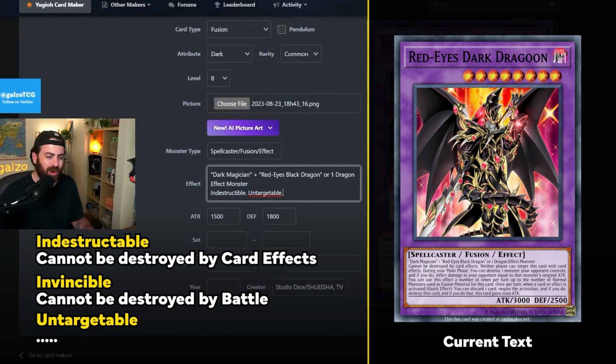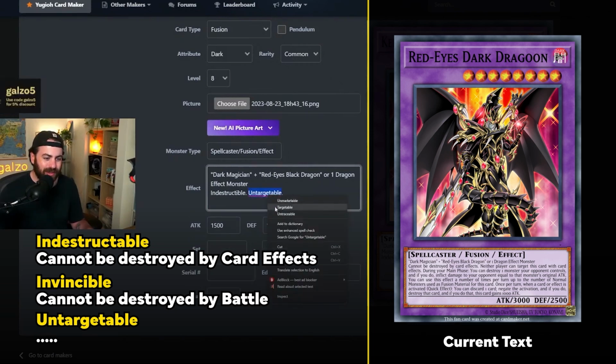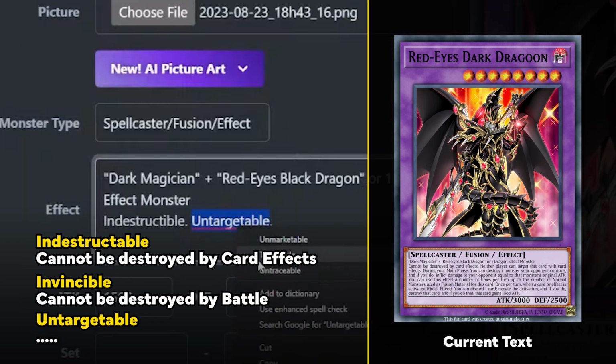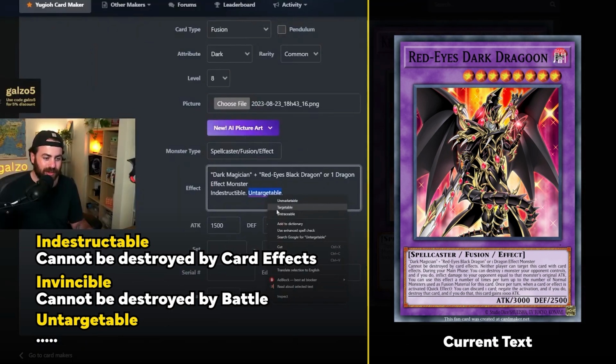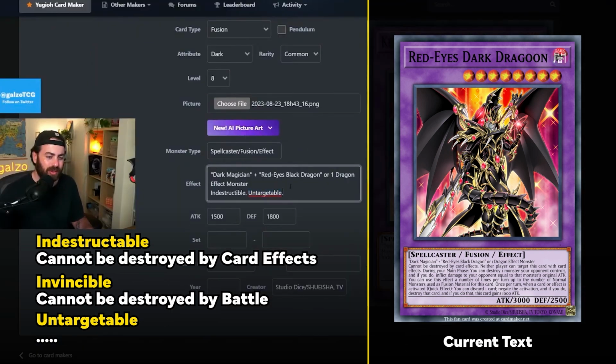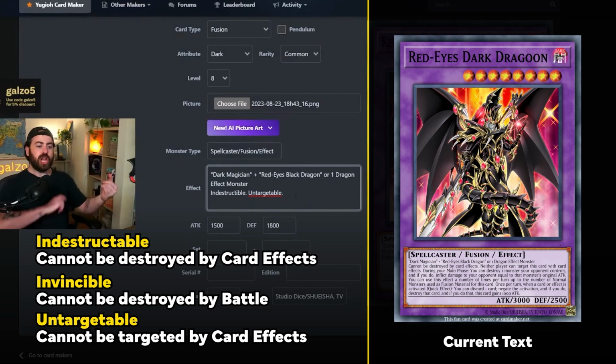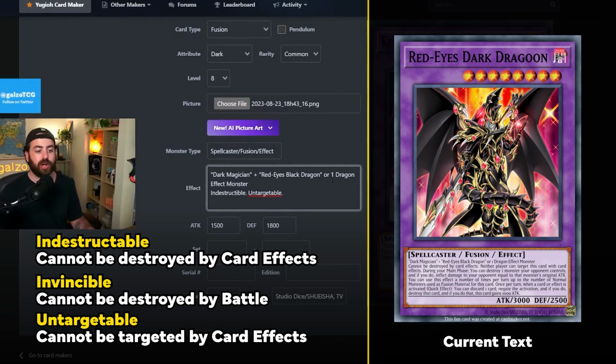Is that not a word? Untargetable? Unmarketable? Untraceable? Targetable? Is it intargetable? It has to be untargetable. That's it. Cannot be destroyed, cannot be targeted. It's not by battle because battle is Invincible, and it's by neither player. So if it would have been like "cannot be targeted by your opponent," Untargetable by your opponent.